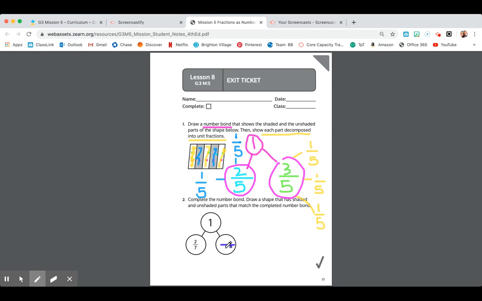Okay, the denominator stays the same because we're talking about the same amount of equal parts. There are 7 equal parts and we're talking about 2 of them. How many equal parts are we missing to complete the whole? 2 plus what equals 7?